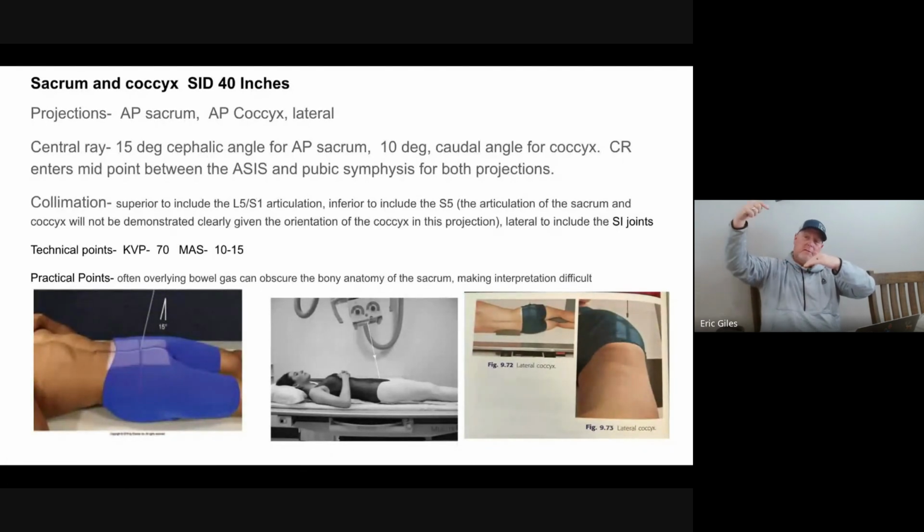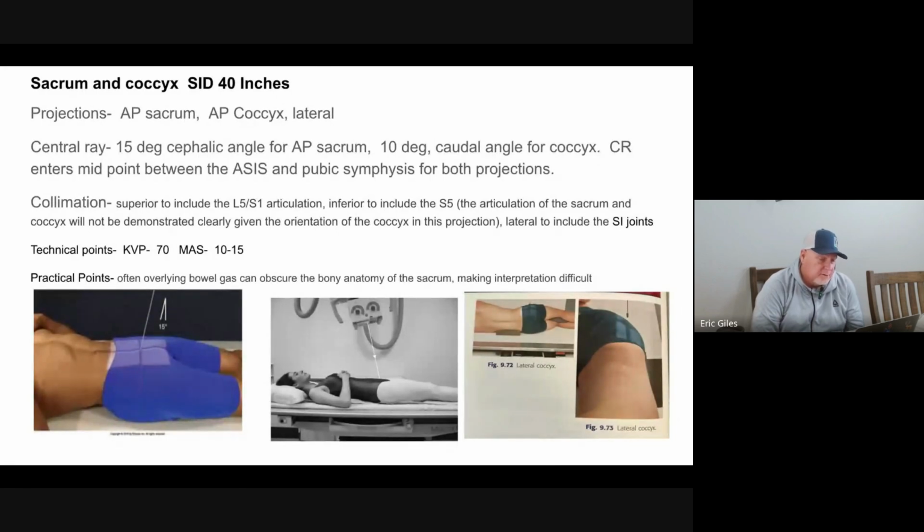So we're angling 15 degrees to match the angle of the sacrum, and when we're shooting the coccyx, we're shooting 10 degrees the opposite way to match the angle of the coccyx. If you stop and think about how the sacrum and the coccyx look in the body, it makes sense. But those are two things that you'll need to know: 15 degrees cephalic for the sacrum and 10 degrees caudal for the coccyx.